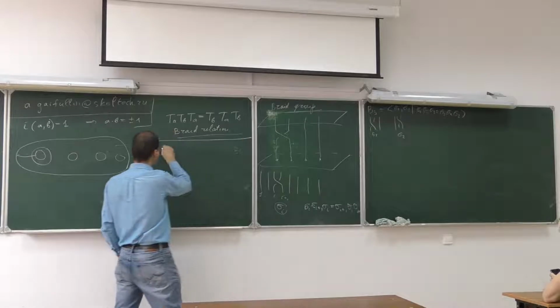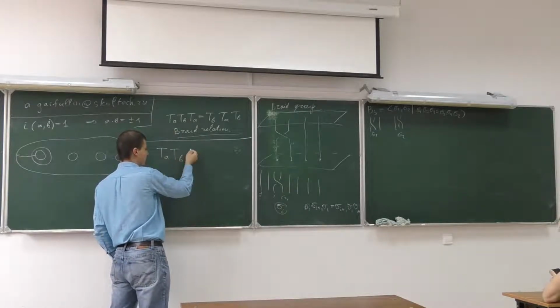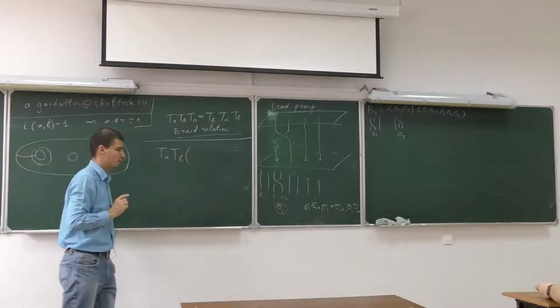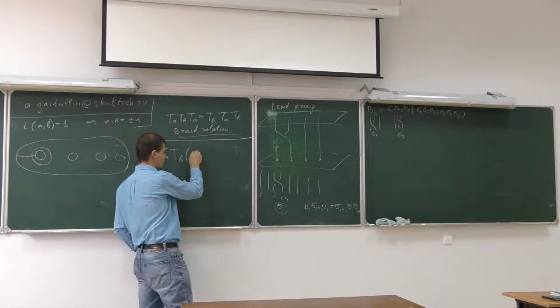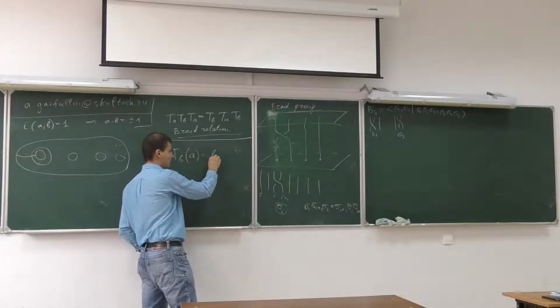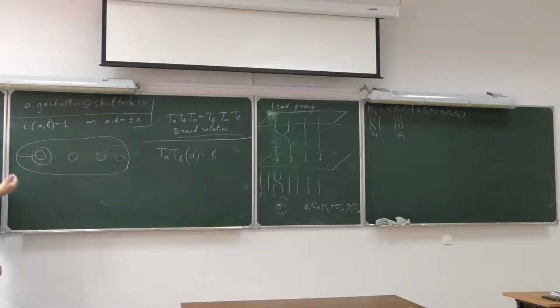We need to understand that if we apply this mapping class T_A times T_B to the curve A, then we get B. Let us check. It is rather easy to check when we try to check some relation between mapping classes.